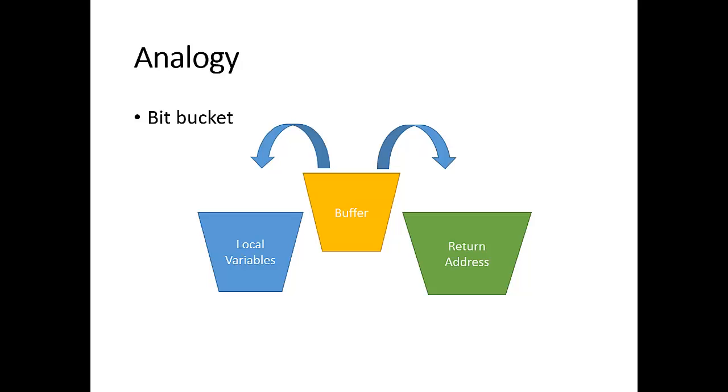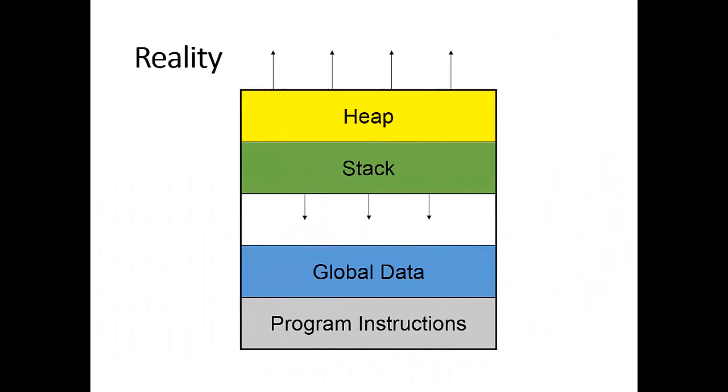In this case, it could be a piece of malicious code you want to run as an attacker, which could be really dangerous. But in reality, we don't really have these buckets in your main memory.